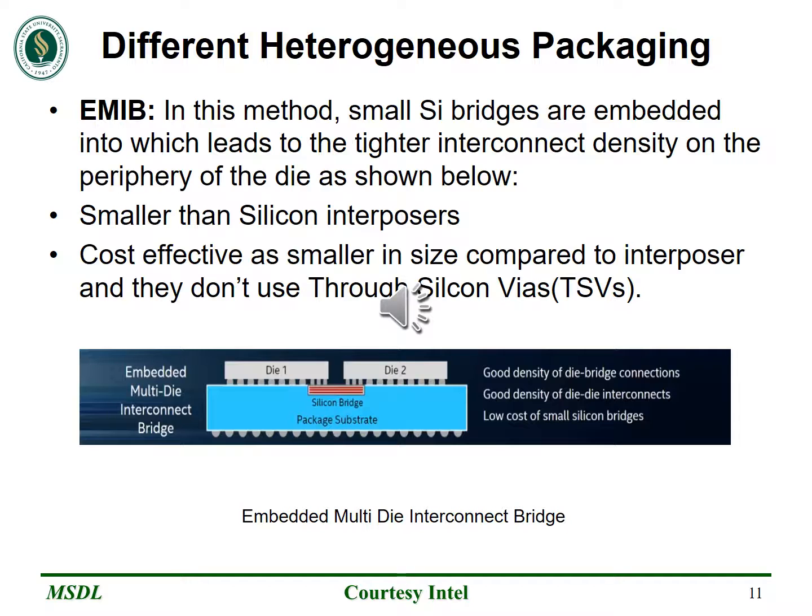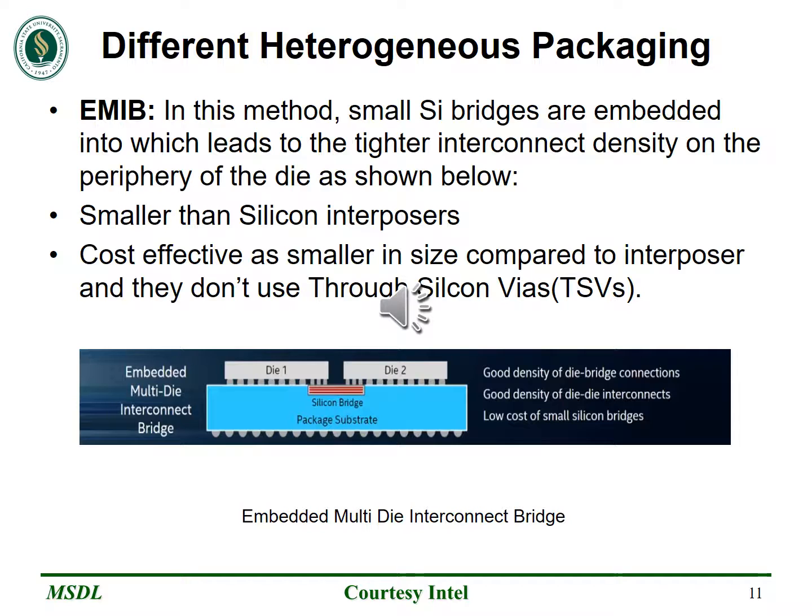EMIB, that is Embedded Multi-Die Interconnect Bridge. In this method, small silicon bridges are embedded, which leads to a tighter interconnect density on the periphery of the die as shown below. We can clearly see how die 1 and die 2 are connected with the silicon bridge.